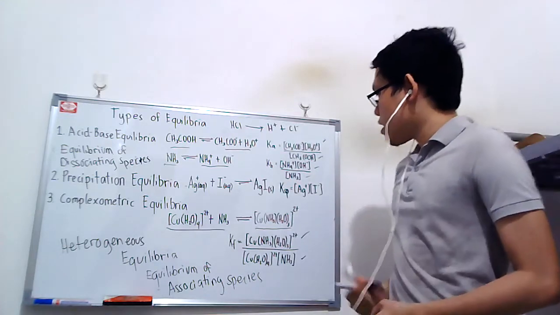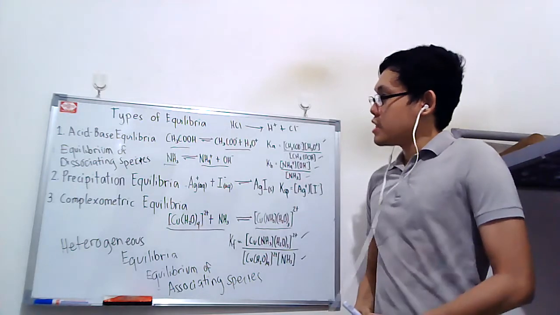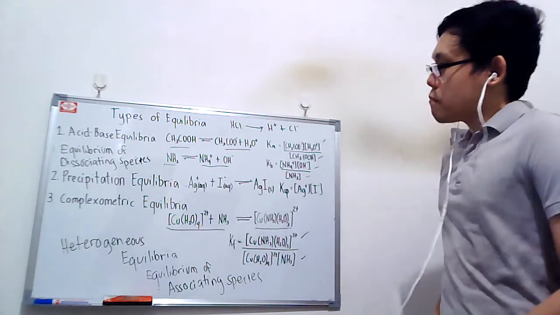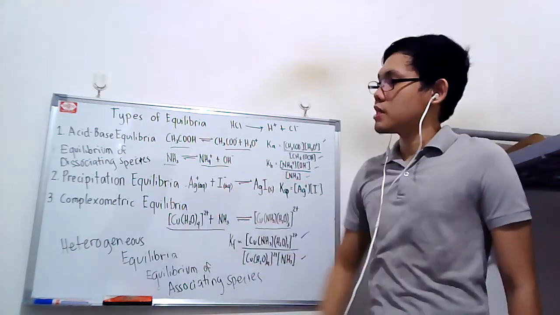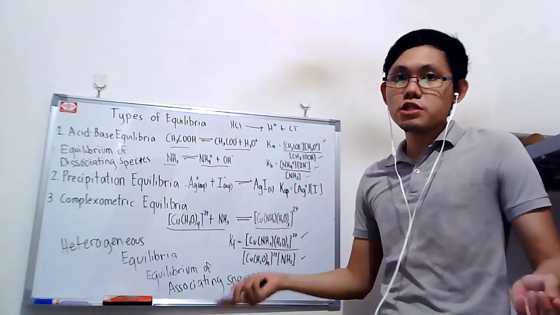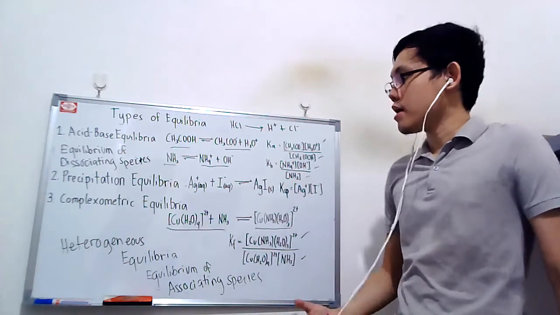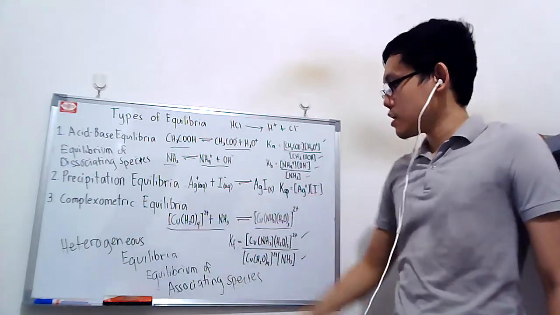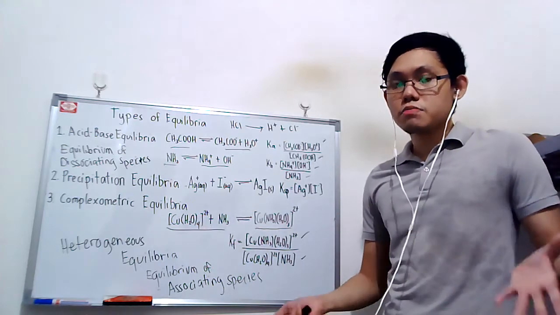So, ito lang muna yung i-discuss ko. Let's have a quick recap. Meron tayong tatlong equilibria: acid-base, precipitation, at complexometric. Yung acid-base is equilibrium of dissociating species. Precipitation is heterogeneous equilibria. And then your complexometric equilibria is equilibrium of associating species.